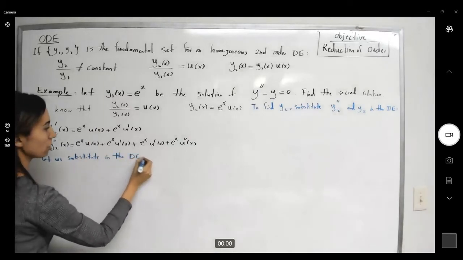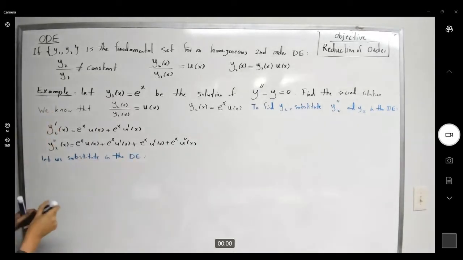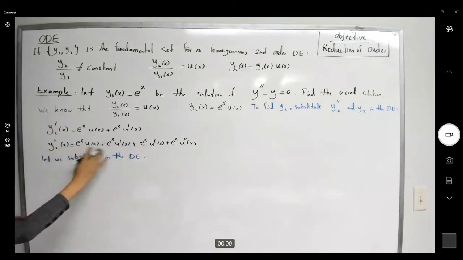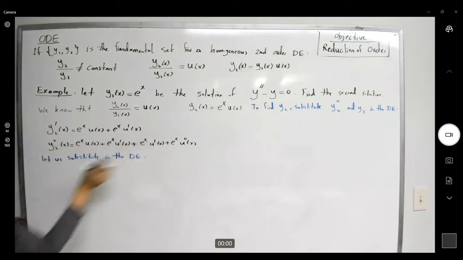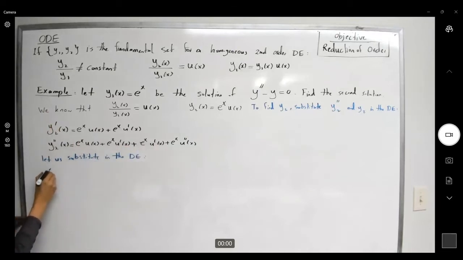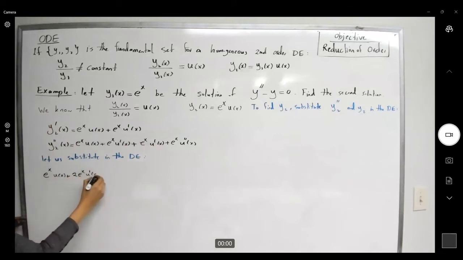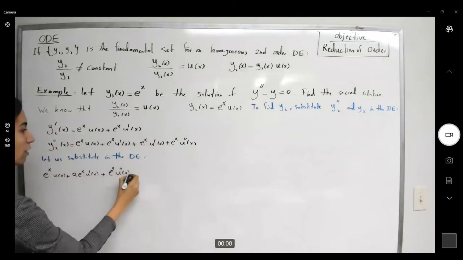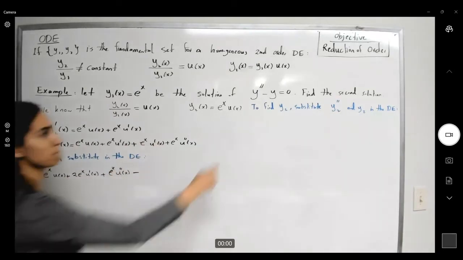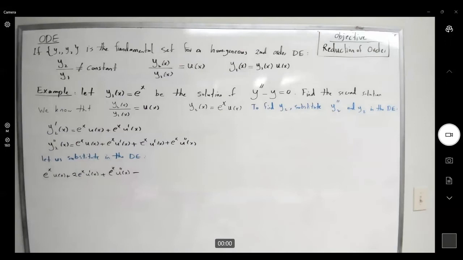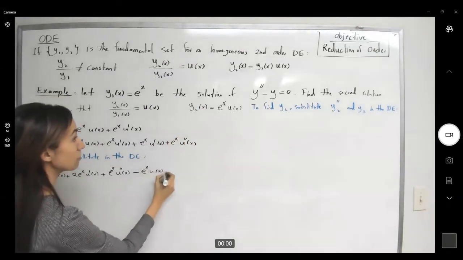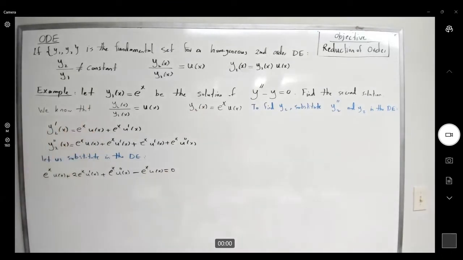In the differential equation, so what do we get? Can we simplify this more? Here we have e to the x u prime, e to the x u prime, so we get 2 e to the x u prime. We have e to the x u of x plus 2 e to the x u prime of x plus e to the x u second derivative of x minus y. But what is y? y is e to the x u of x, equal to 0. Very well.